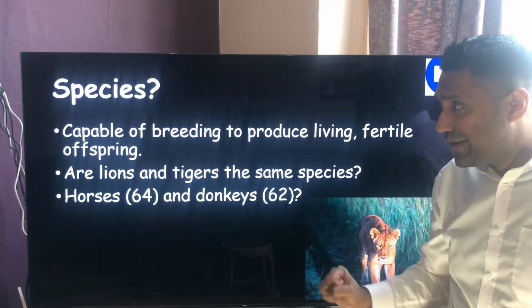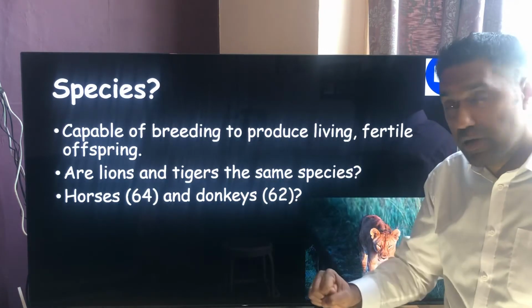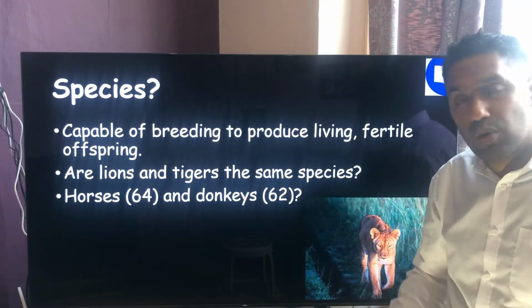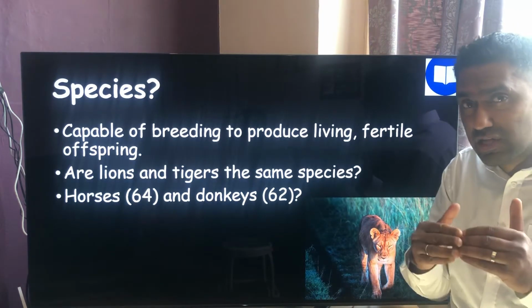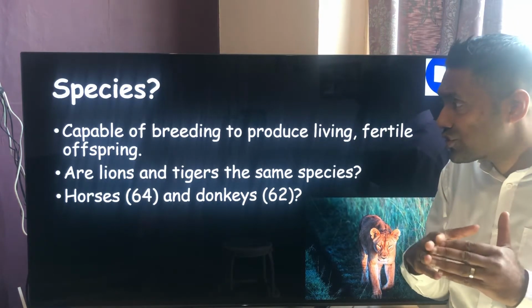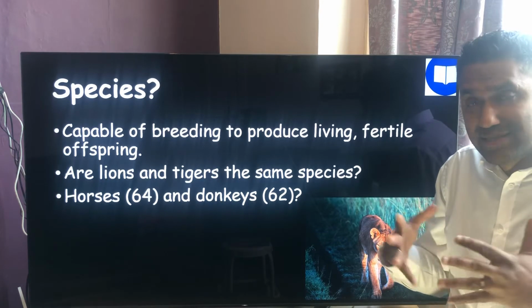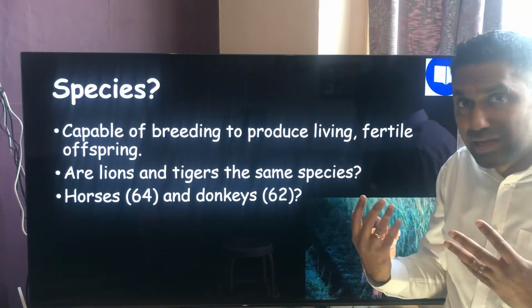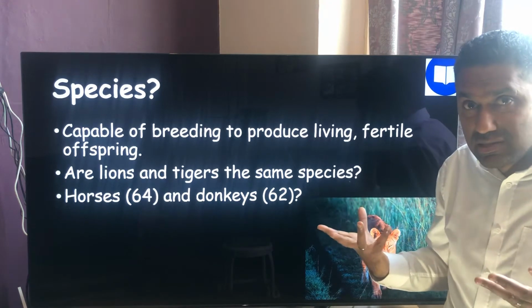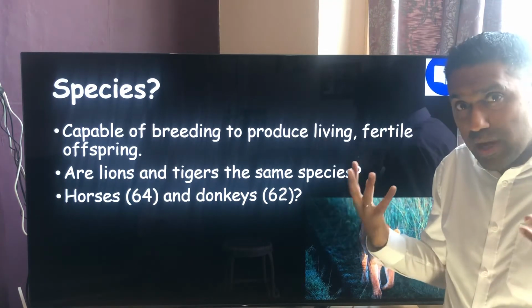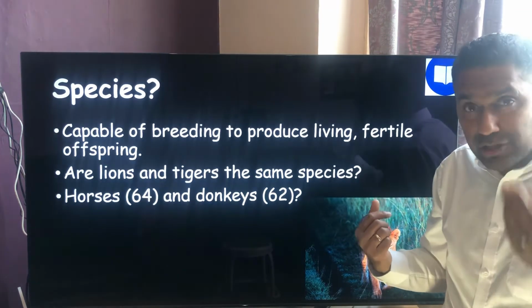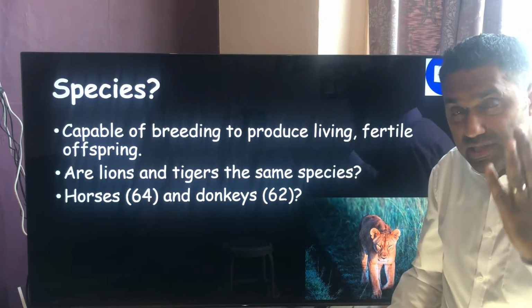So if they do mate, the 32 chromosomes in the sperm and the 31 chromosomes in the egg, when they fertilize, when they fuse, will produce 63. Now 63 will be the diploid number in the somatic cells, so in the mule cells, but when the ass or the mule produces sperm or eggs, can you split 63 in half?